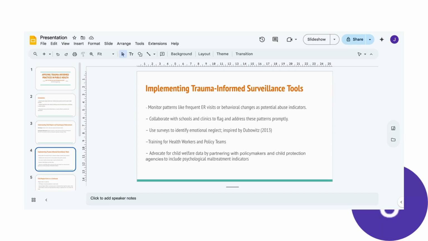For the training, we can use role playing in our workshops to act out real situations that people going through neglect or psychological maltreatment might face. And we could also advocate for child welfare data by partnering with policymakers and child protection agencies to include psychological maltreatment indicators.